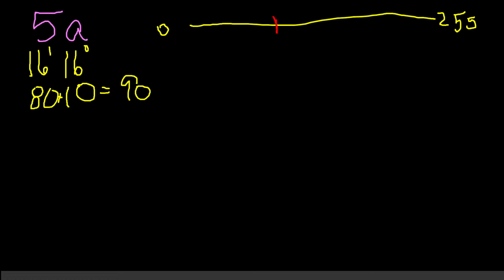Our green value then was 40. 0 times 1 is 0. So that first one is 0. 4 times 16 is 64. 64 plus 0 is 64.